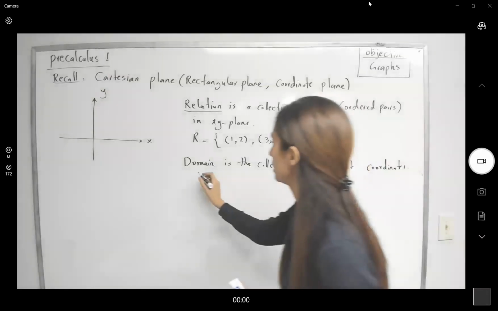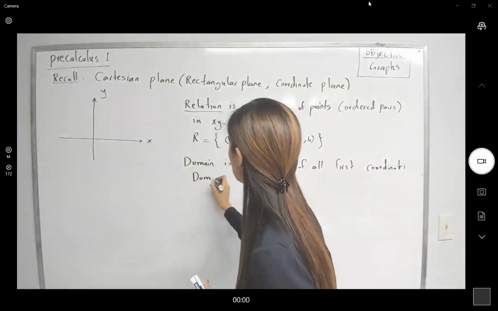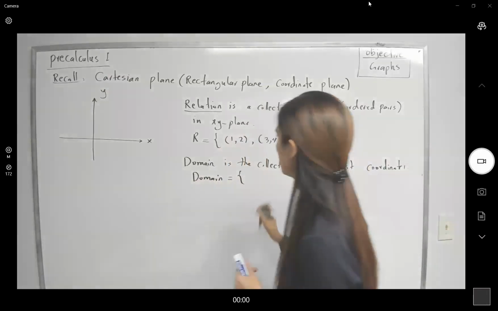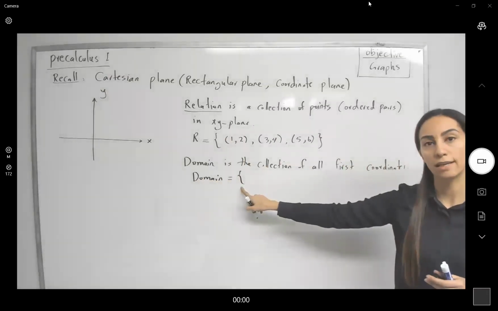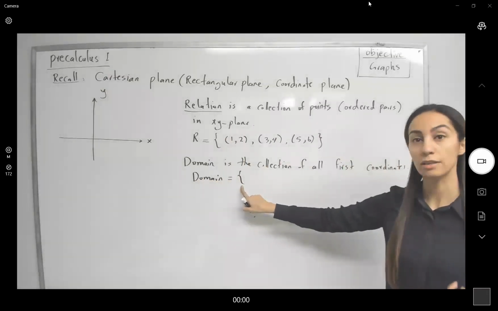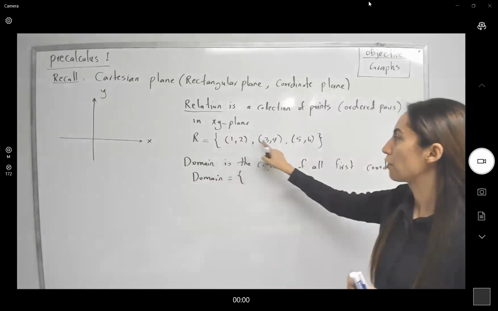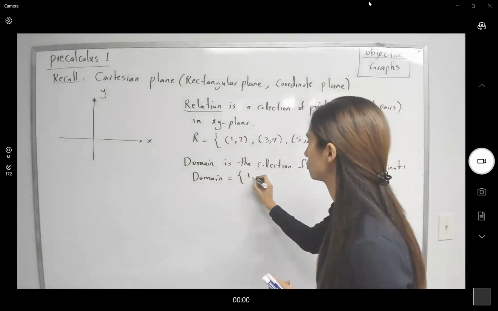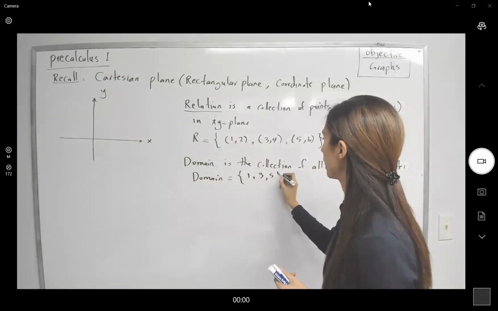In this case, the domain of this relation is the set 1, 3, and 5.